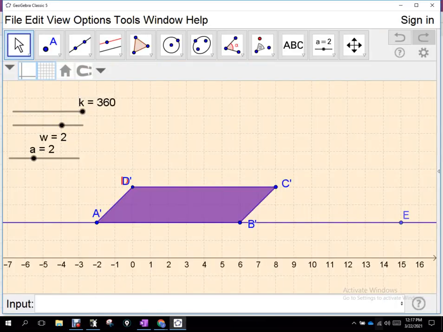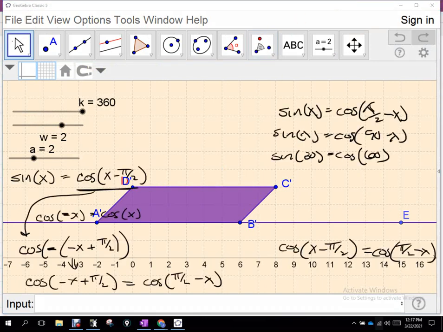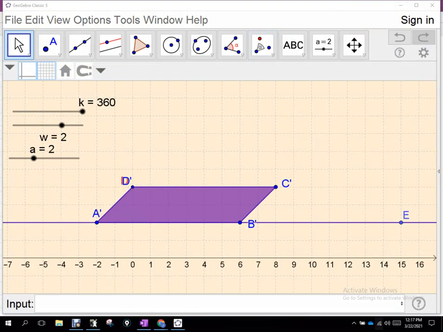If I look at this right here, okay, would you guys all agree that this distance right here would probably be the best altitude to draw? That cool?